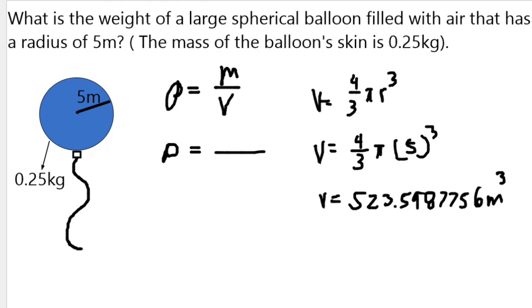We also are given that it is filled with air, which means it has the density of 1.29. This mass is the mass of the air in the balloon itself, not the balloon skin. They are two different things. So we're just going to cross multiply this.